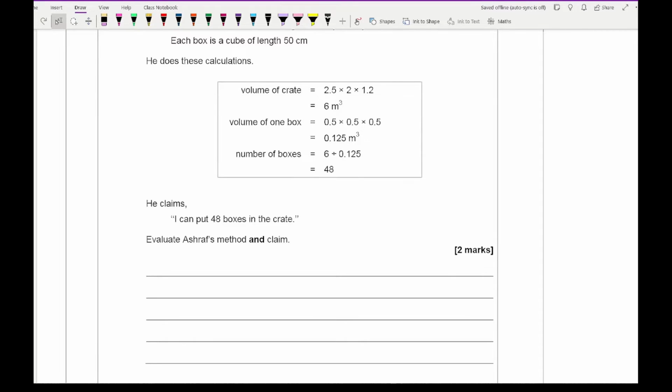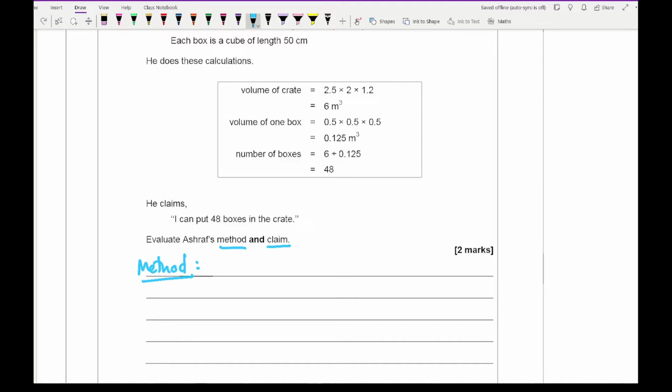Now for this question, it's really important that you remember that you've got to mention two things. So you need to, one, state his claim is, or evaluate his method. Now in terms of comment on his method, you could either say that his method does not work because 1.2 meters does not divide exactly into 50 centimeters. You could also say that there's not a whole number of 50 centimeters into 1.2. 50 centimeters will not fit into 0.2 meters.